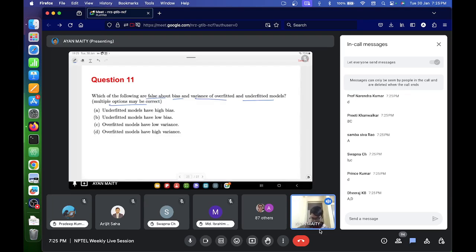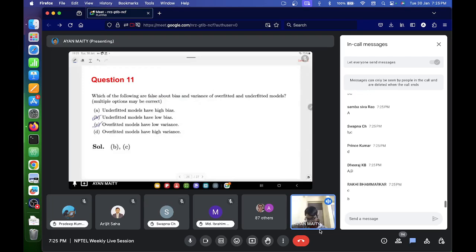So the correct answers are B and C. Underfitted models have high bias, so that's why option B is false, and you have to find out the false options here. Underfitted models have high bias and overfitted models have high variance, so that's why B and C are the 2 false options here.